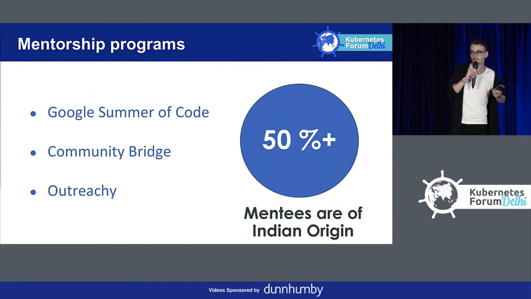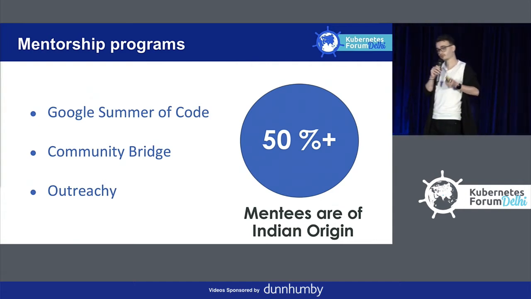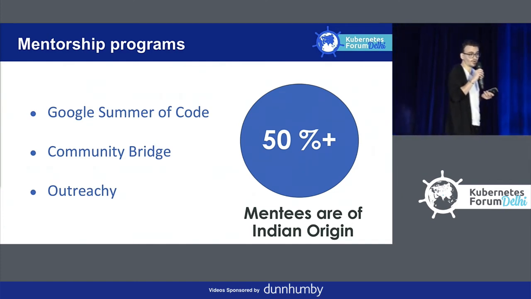If you are a person who would like to start contributing to any of the CNCF projects, for example, Kubernetes, you can start looking at Google Summer of Code as a good opportunity to do it. The upcoming round of the Google Summer of Code is about to start in the next few weeks, so please stay tuned and check for our announcements.